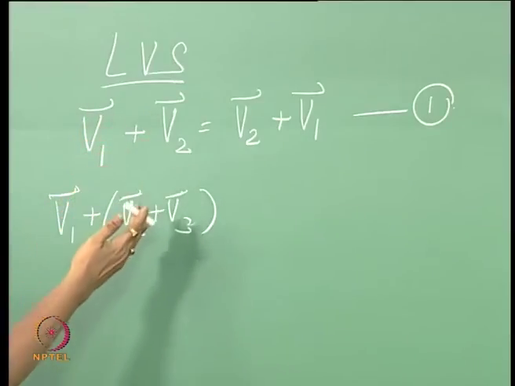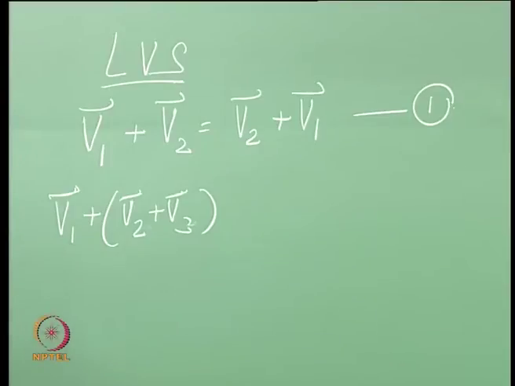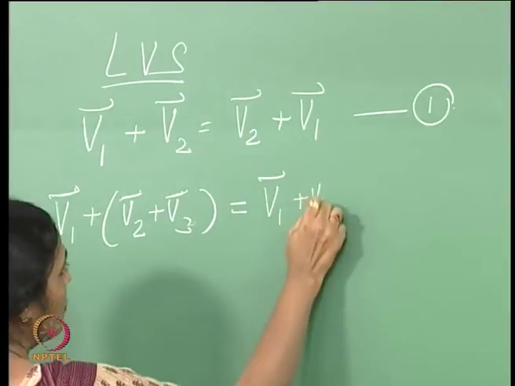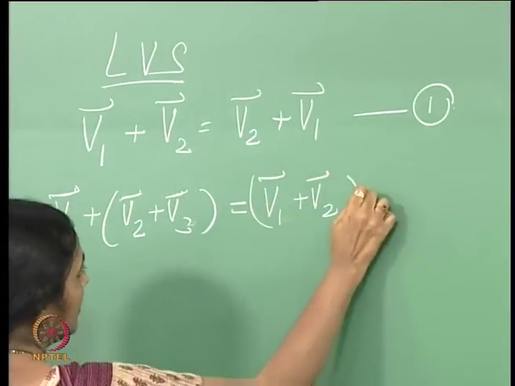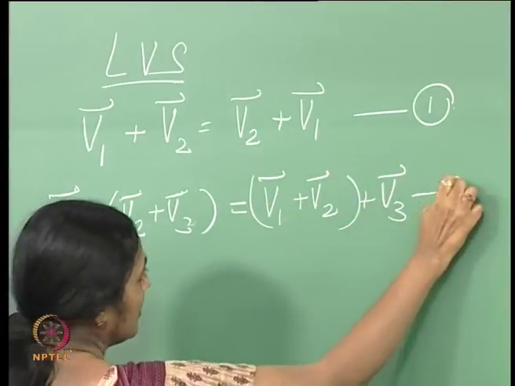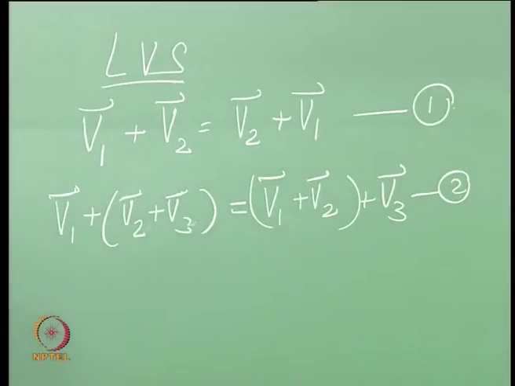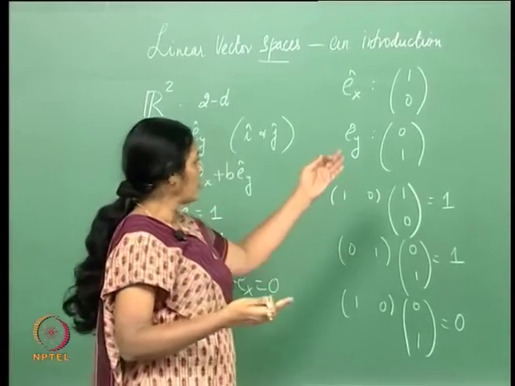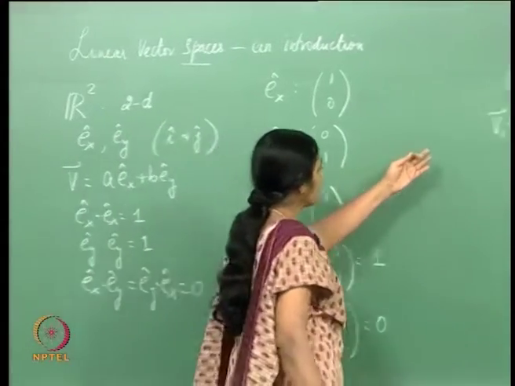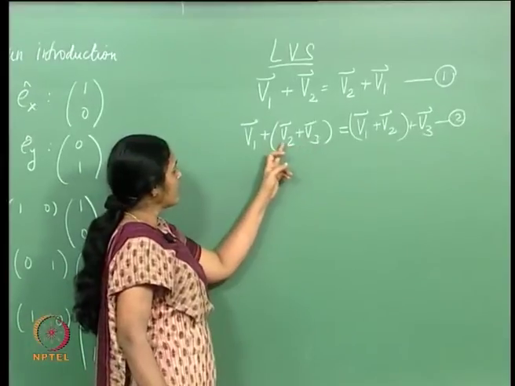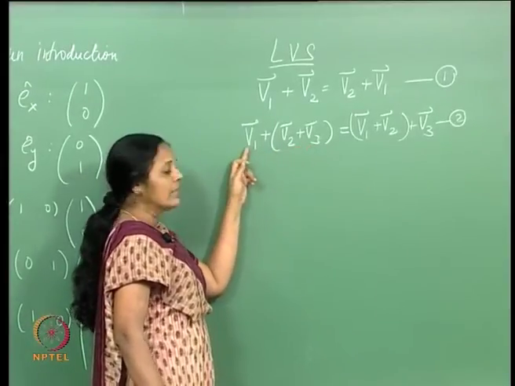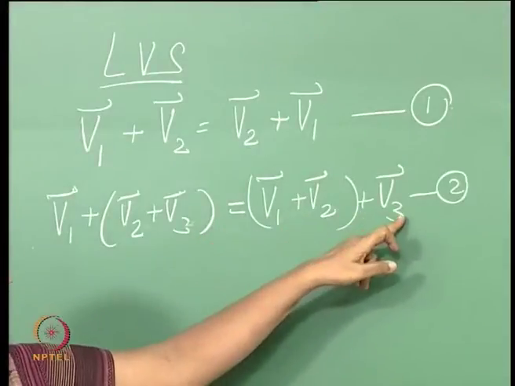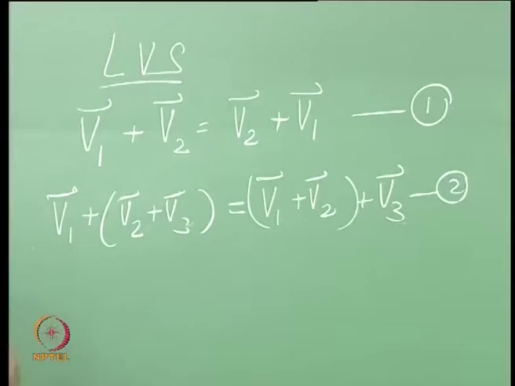I just use that as a notation for a vector. This is certainly true. For all vectors in this space, take any three vectors and you could add them like this. First add v2 and v3 and then add the result to v1, or add v1 and v2 and then add it to v3. Get the same answer.